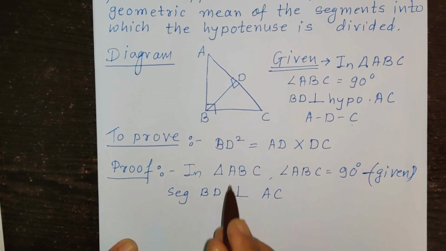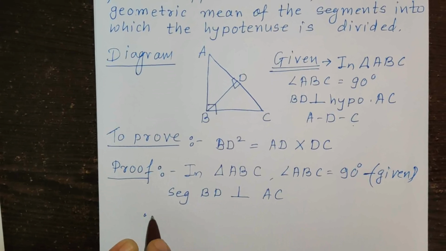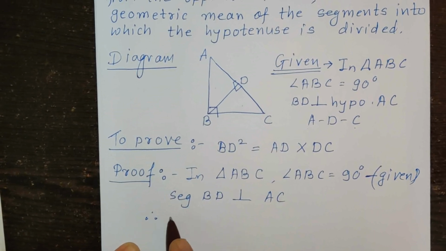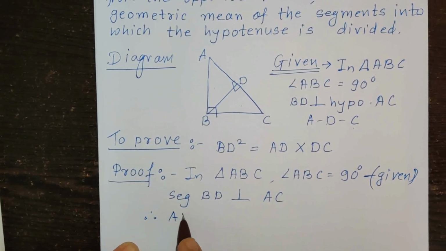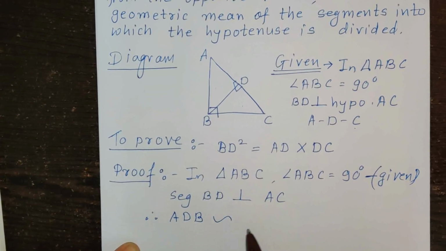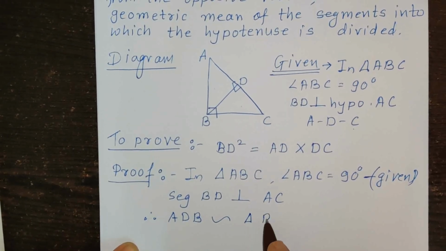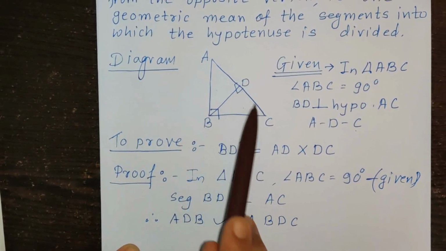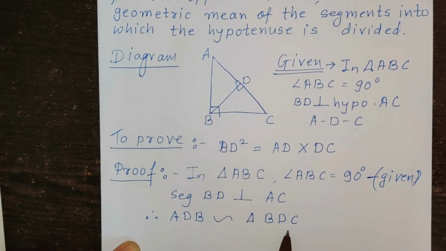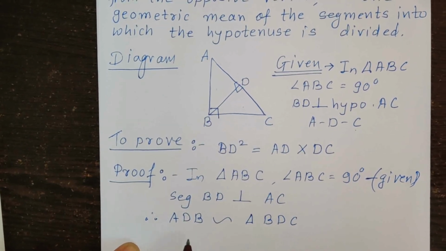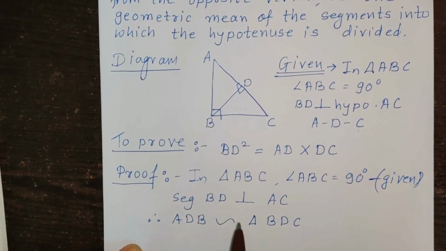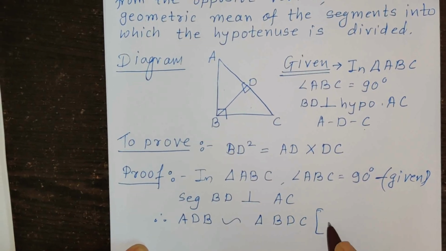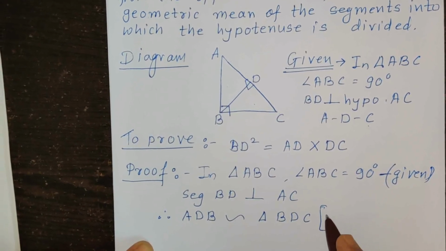Due to this perpendicular, the triangle is divided into three triangles, and so we can take one pair of triangles: triangle ADB similar to triangle BDC. Directly we are using it because in the previous video we already gave the proof of how these triangles are similar. And the reason for this you can write: similarity of right angle triangles.